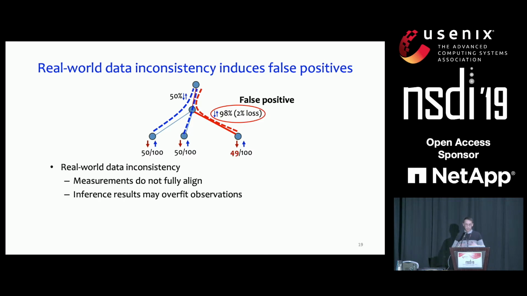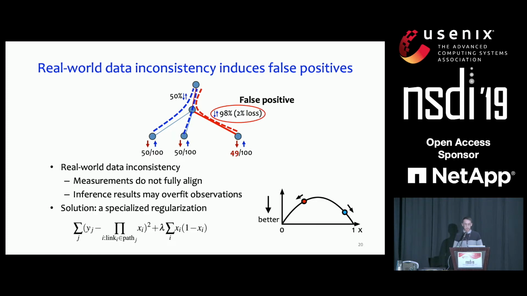Due to the ever-changing status and the limited number of probing packets, our measurements might not fully align with each other. In addition, the inference results may overfit our imperfect observations, which usually ends up with false positives. To tackle this problem, we propose a specialized regularization term, which encodes our troubleshooting domain knowledge. And here is the plot of this regularization term.